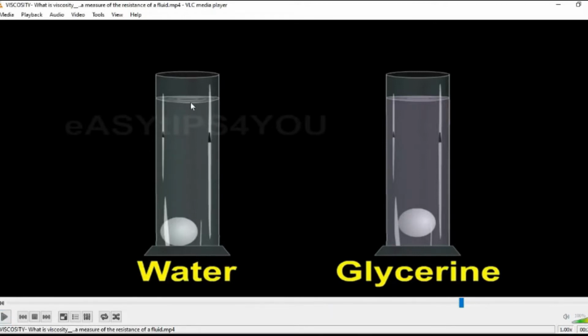We can see in this example they dropped two balls, one in water and the second in glycerin. You can observe the ball dropped in water is moving more quickly, and the ball dropped in glycerin is moving slowly.